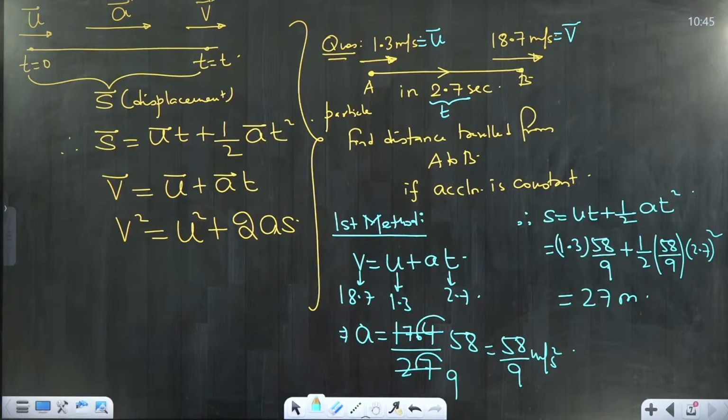It will come exactly 27. If you solve, you will see that this is 27. It's not a quick method. If you find by v square equals u square plus 2as, that is also better, but first you have to find a.